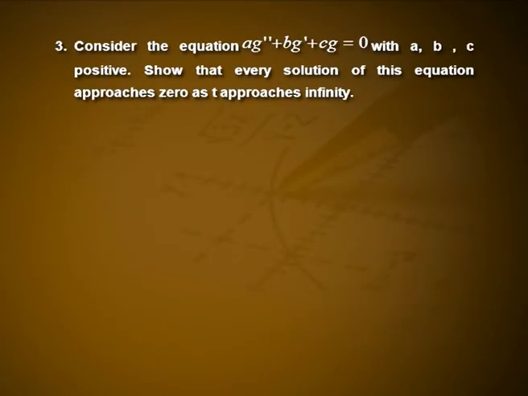Third problem, consider the equation A G double dash plus B G dash plus C G is equal to 0 with A, B, C positive. Show that every solution of this equation approaches 0 as t approaches infinity.